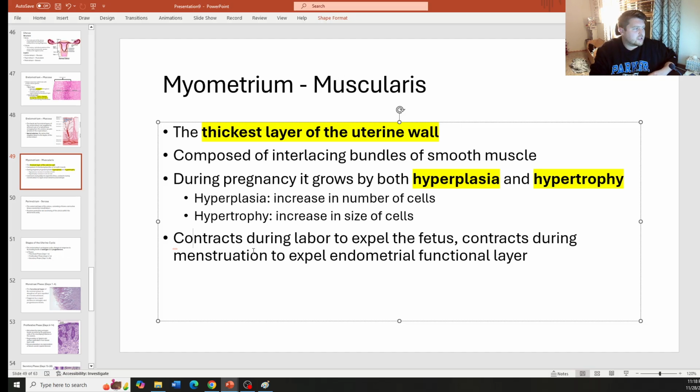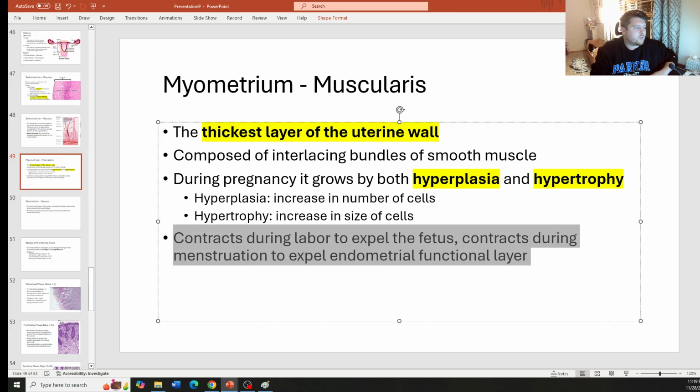The job of this muscular layer, this is where all of our force, this contraction, comes in order to expel the fetus. It also contracts during menstruation in order to help expel the endometrial functional layer. This is one of the reasons when women get their period each month, they get very intense cramps.